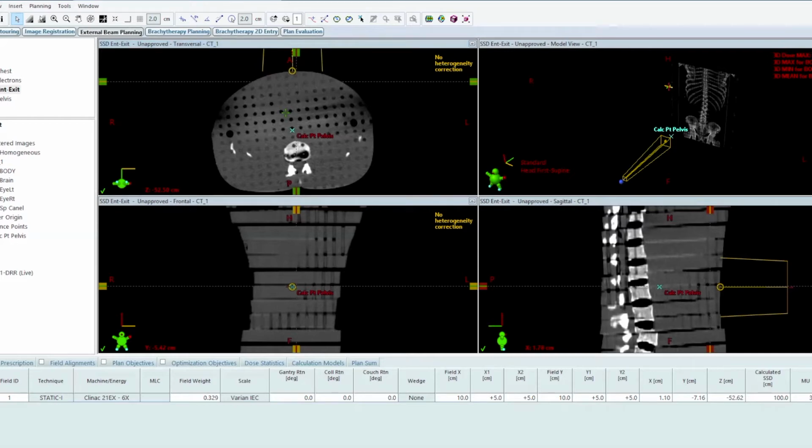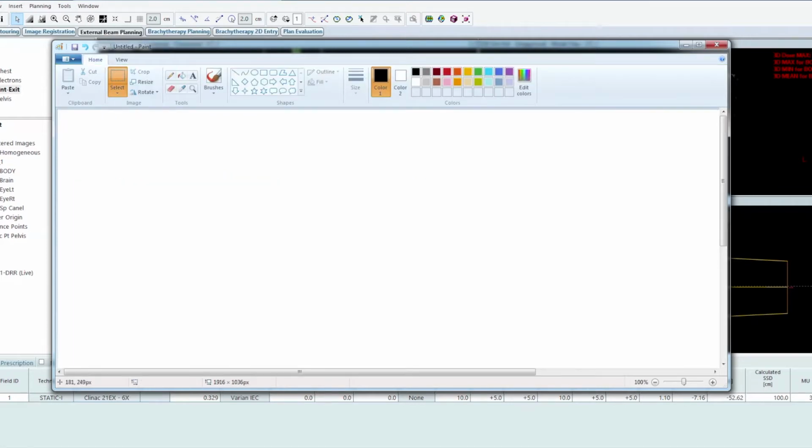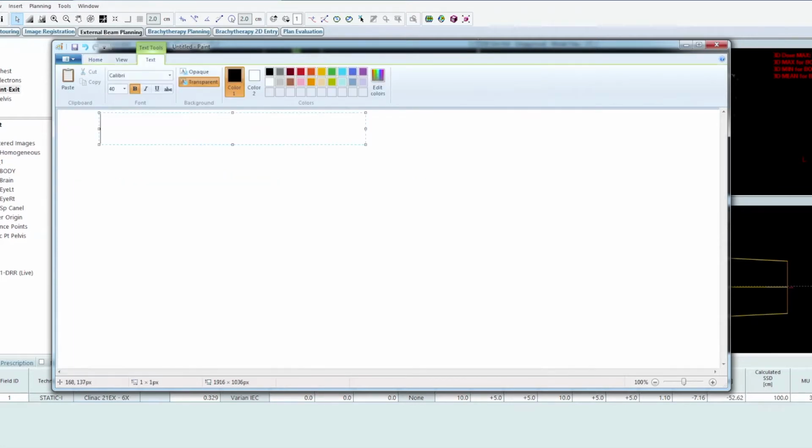So monitor units equals dose divided by, in this case, the only thing I have to worry about is percent depth dose, since S sub C and S sub P are both 1.0, and I'm at a standard SSD of 100, which means no inverse square factor.